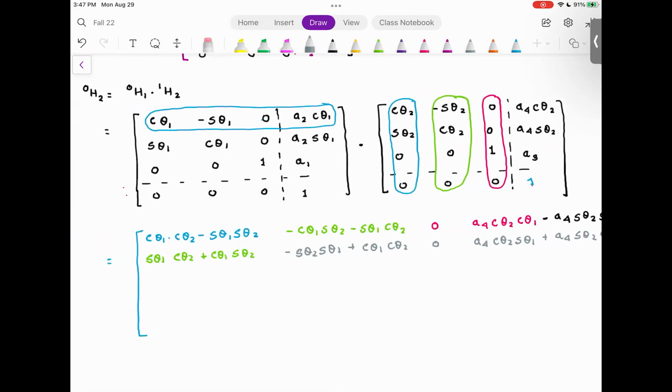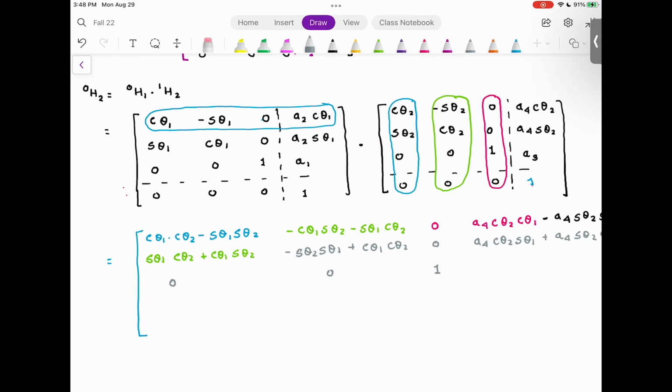All right, the hard part is done. Now here, if you see all zeros, 1. Agreed? And the last part is this guy multiplied with this guy.